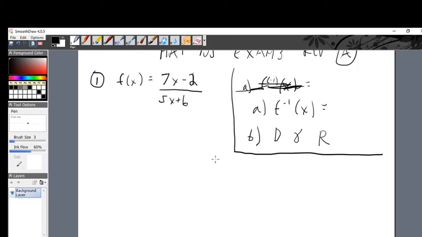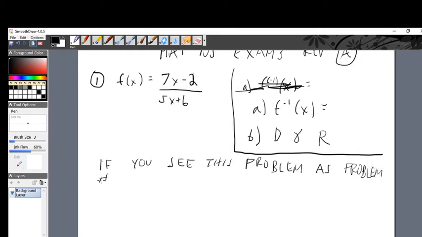this problem. If you see this, let me put it in writing. If you see this problem as problem number 1 on your test, number 1 on exam 3, then what you should do is skip it until the end, because it takes too long.